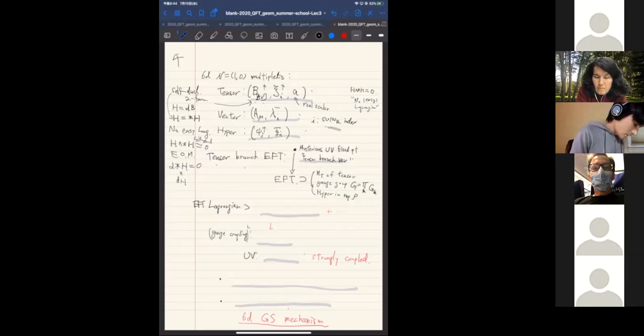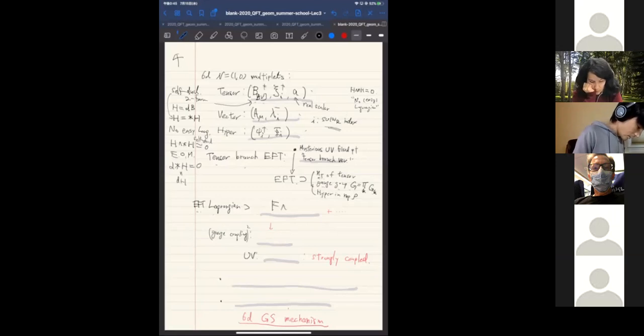It can contain some number of tensor multiplets. It can also have some gauge group, which can be a product, and it can contain some hypermultiplets charged under this gauge group.